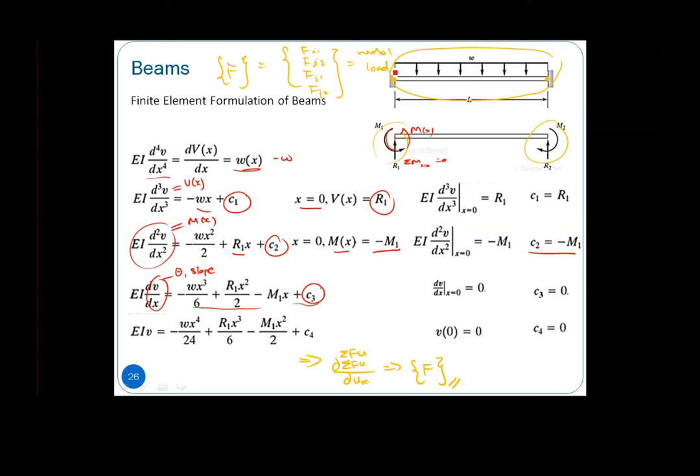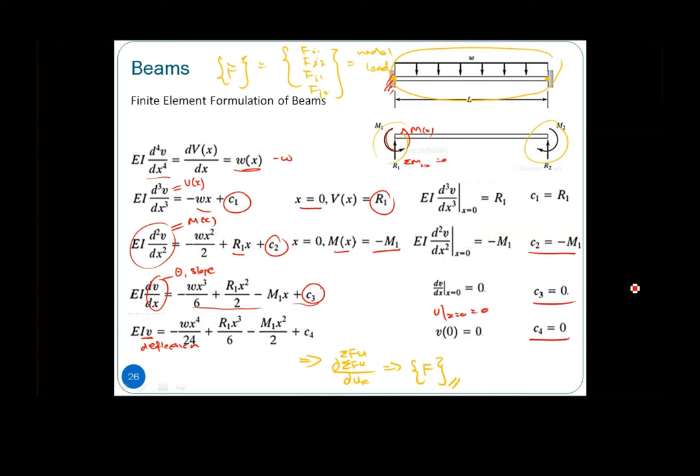Then we integrate again to get our deflections, EIV, or deformations. Then we get C4, and at this particular point, because it is fixed, V at x equal to 0 is also 0. So C3 and C4 equal 0.